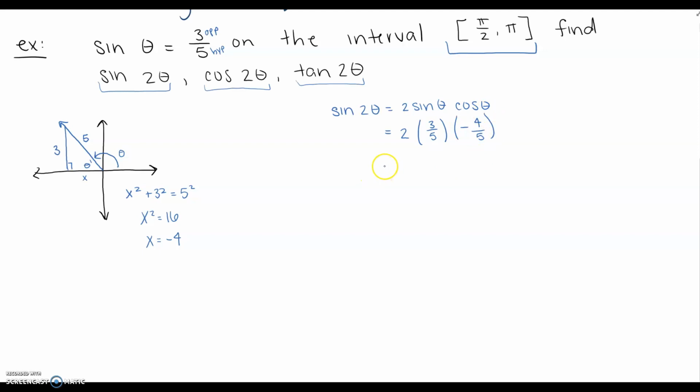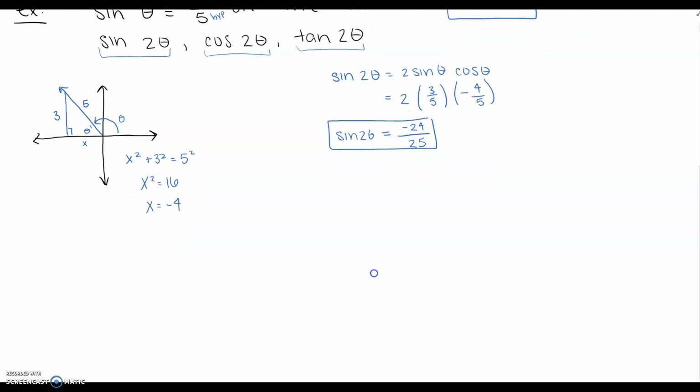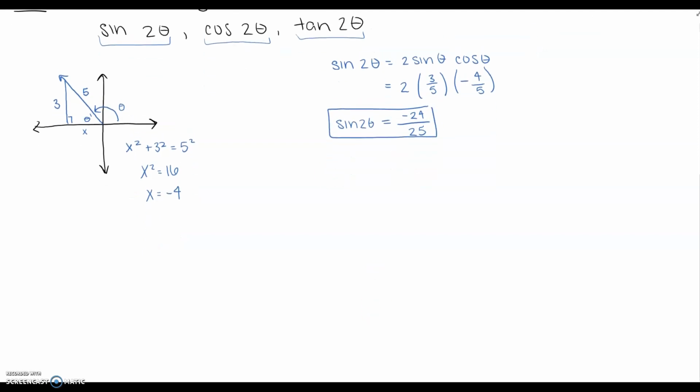And then we just do algebra. So 2 times 3 times -4 is -24. And 5 times 5 is 25. So sine of 2 theta equals -24 over 25.